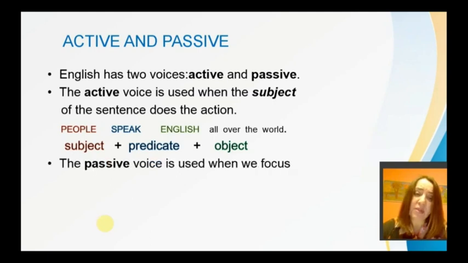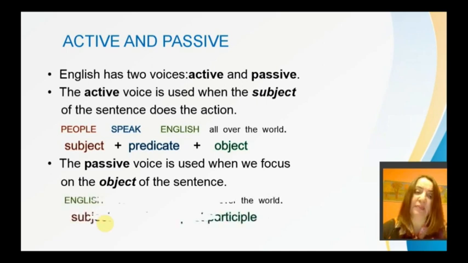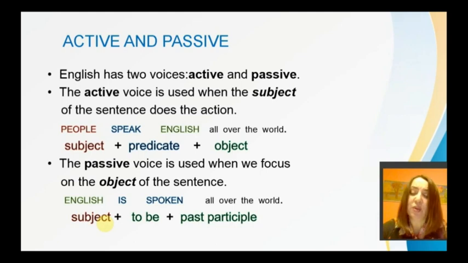The passive voice is used when we focus on the object of the sentence. For example, English is spoken all over the world. English is subject. To be is.